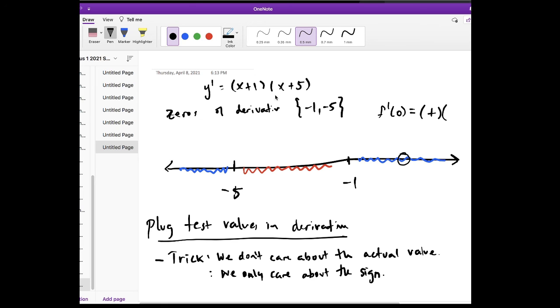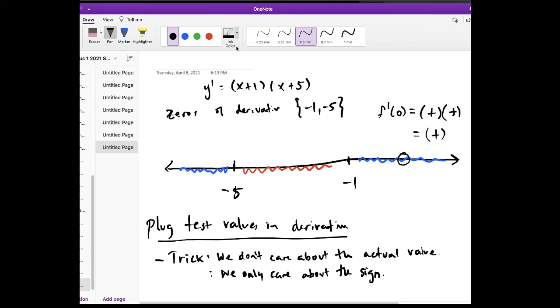And when you plug in 0, the second factor is positive. So positive times positive is positive. Now, I know it's simple for this case, but I assure you it'll be very helpful when you have long strings of factors. Since all you care about is if something is positive or negative, it's probably easier to do it this way.